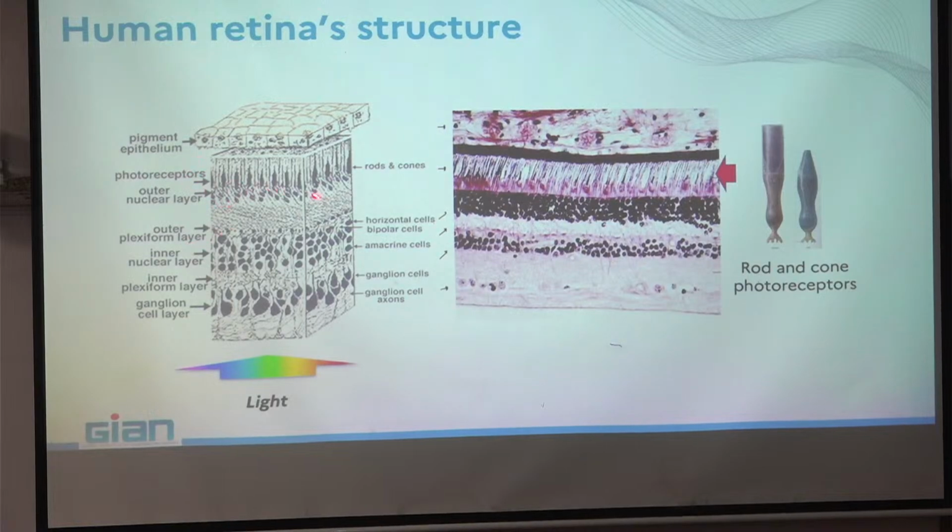You arrive here with a layer of photodetectors, the cones and the rods, that are sensitive to the light. That means light has to travel through a few microns of retina before reaching the photodetectors.